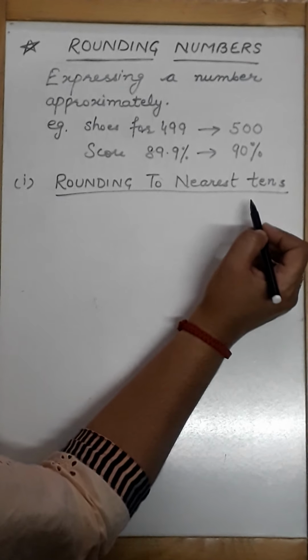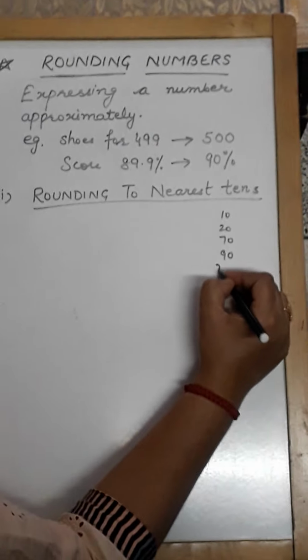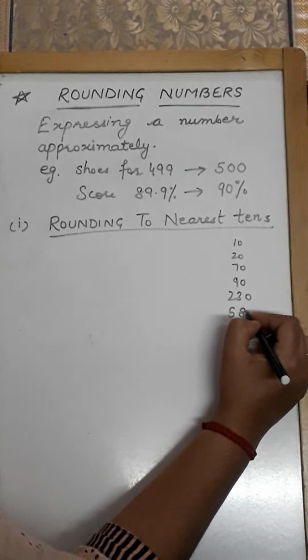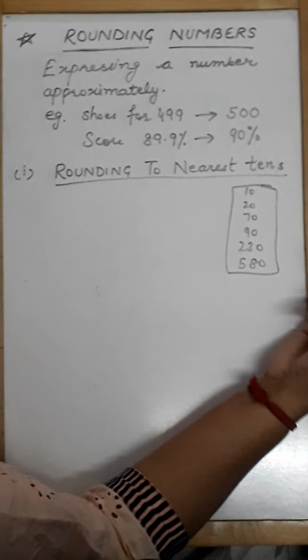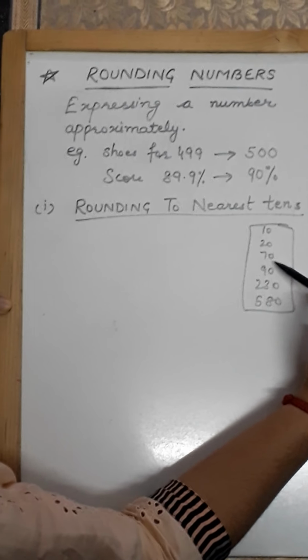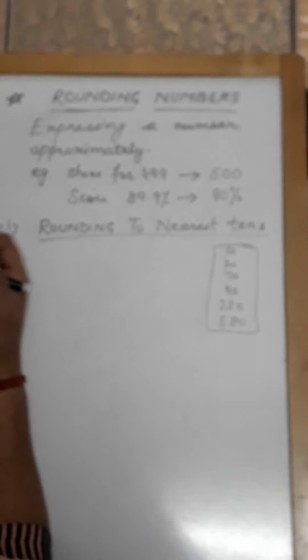In nearest tens, as we see that in tens we have 0 at ones place, and 10, 20, 70, 90, 230, 580, all these are the numbers which come in the table of 10, and all these numbers have 0 at ones place. So while rounding to nearest 10, we convert the number in such a way that it has 0 in the ones place.